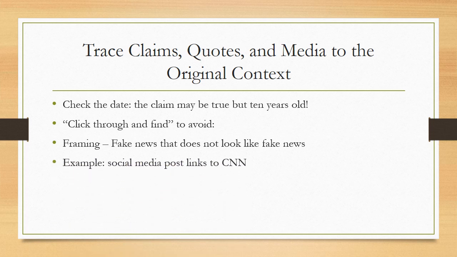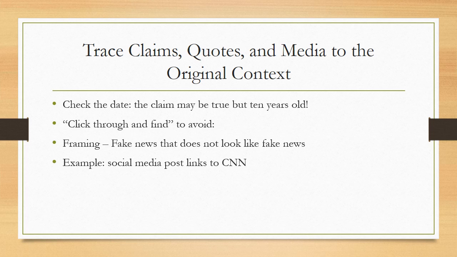So he has an example of a social media post that says this doctor at some major university was arrested. And if you click on the link in it, it links to CNN. Now, I want to be really clear here. I personally do not think CNN is a reliable news source.